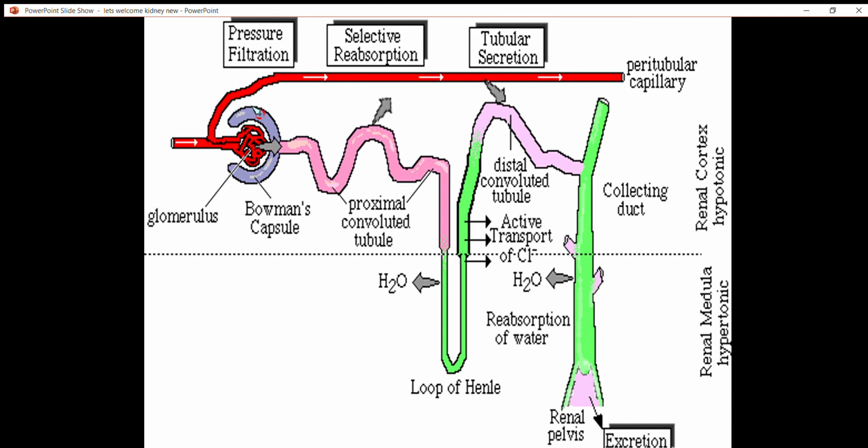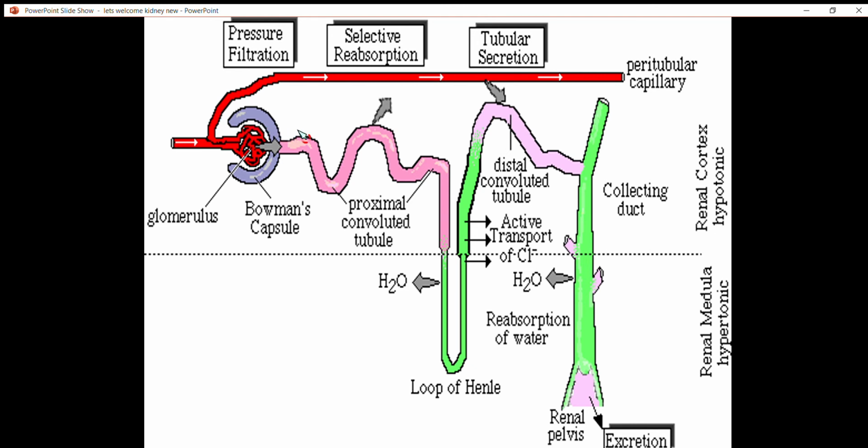This Bowman capsule has got two layers. You will see this if you follow the cursor. We have got the visceral layer. This visceral layer is attached to your glomerulus, and we have got the parietal layer. This is your parietal layer, which is outside, and inside you have got the visceral layer.